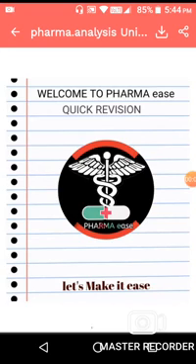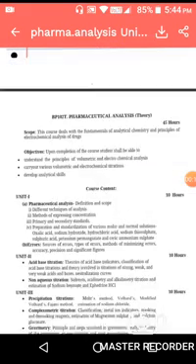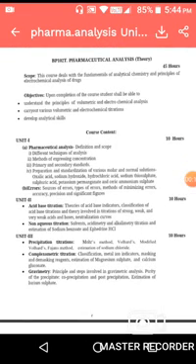Today we are going to study pharmaceutical analysis, semester 1, the unit 1 part. As we can see in the picture, unit 1 consists of two chapters: pharmaceutical analysis, and the second one is errors.